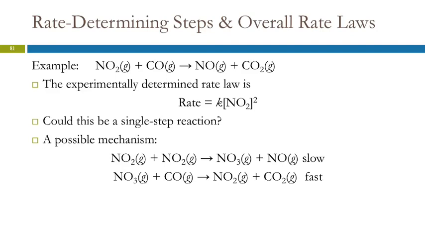We did that at the beginning of this chapter, right? So this would be told to you in a problem like this. So could this be a single step reaction? This rate law is implying that we have an elementary step where you've got NO2 plus NO2 forming some product.